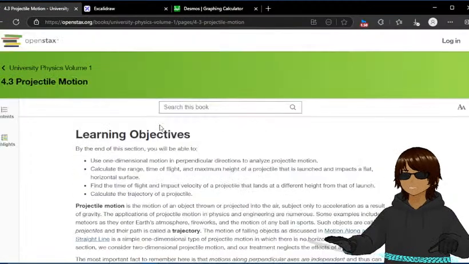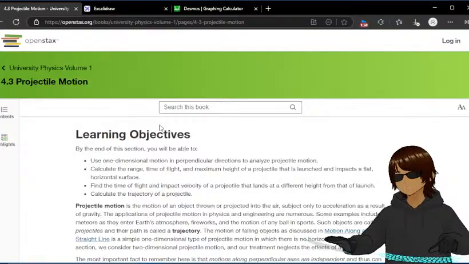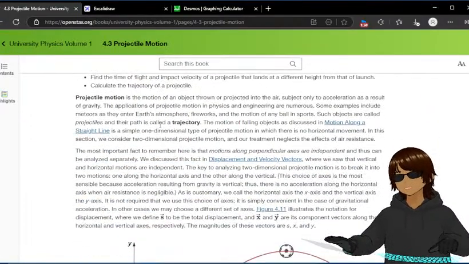Projectile motion is the motion of an object thrown or projected into the air, subjected only to acceleration as a result of gravity. The applications of projectile motion in physics and engineering are numerous. Some examples include meteors as they enter Earth's atmosphere, fireworks, and the motion of any ball in sports.